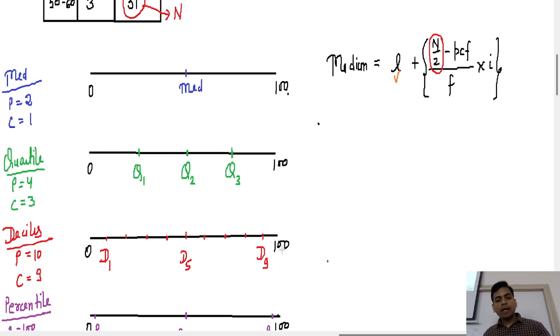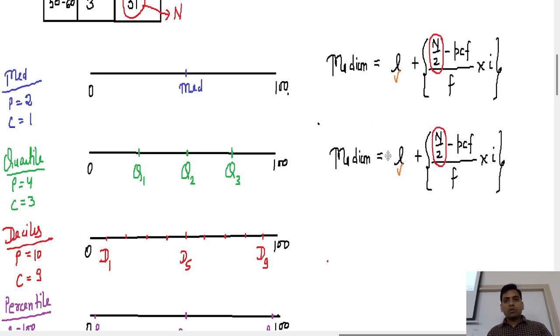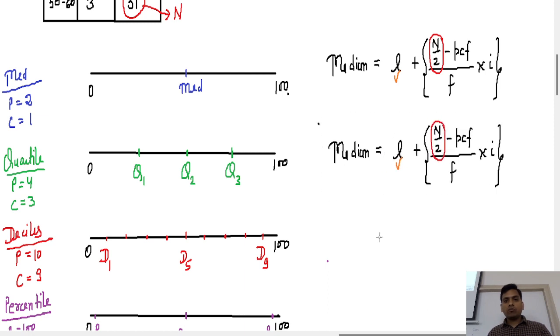Now suppose we are writing this formula for quartile. Again I am copying this formula. This formula is now for quartile, so we are using the letter Q here. In median, the whole data is divided into two parts, that's why n/2.